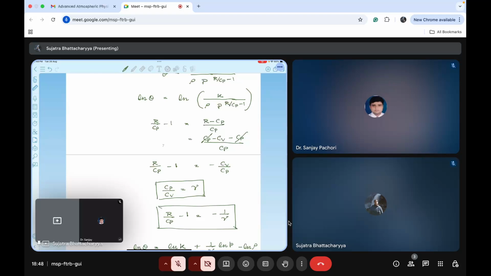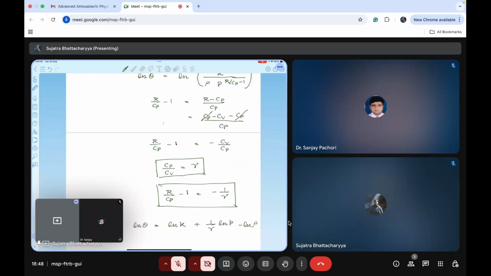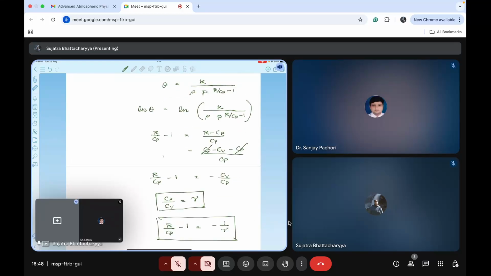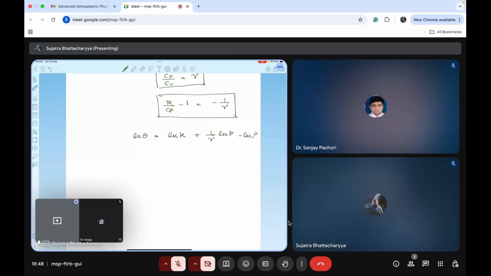How? Just look at this expression. So log of k, minus log of rho, which is there, and this is minus 1/gamma. So it is already in the denominator, so it becomes plus. This will be the expression.